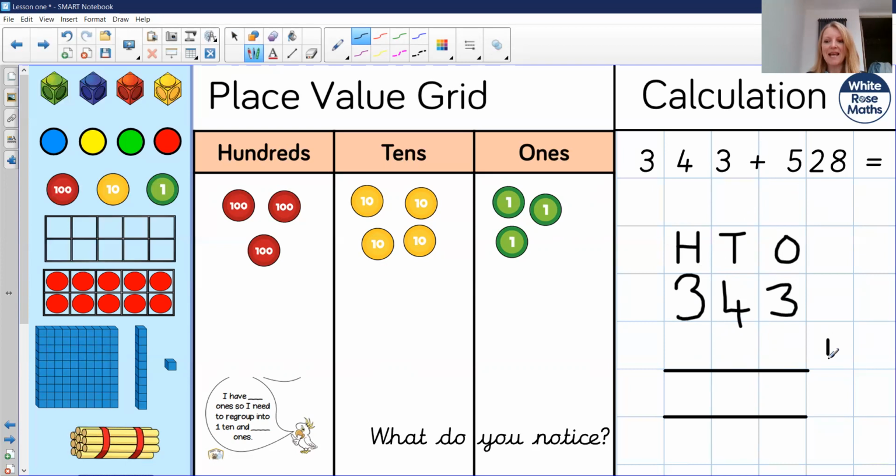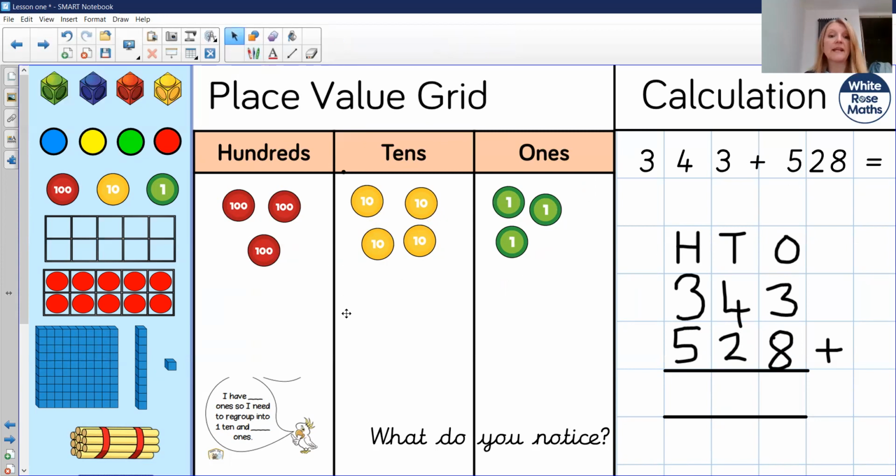I need my addition sign. That's my reminder of the calculation that I need to do. 528. And here it is represented in my place value grid, 343.